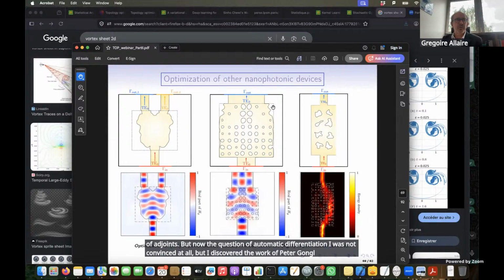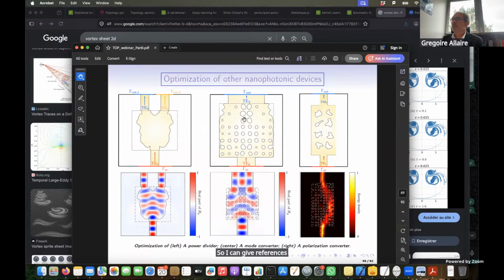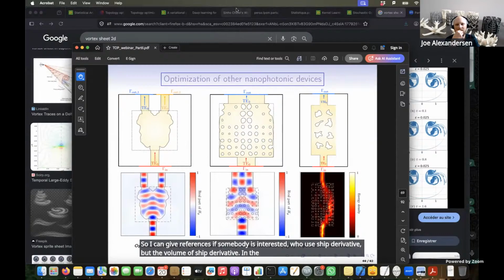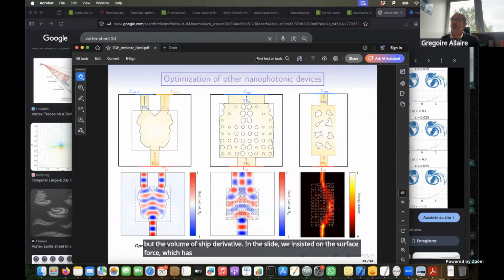I can give references if somebody is interested. He uses shape derivatives, but the volumic form of shape derivatives. In the slides, we insisted on the surface force, which has a nice interpretation saying you should deform your shape like this. But by integration by parts, you can write the shape derivative as a volumic force, and then it turns out that they have all the same structure, and it is amenable to automatic shape differentiation.